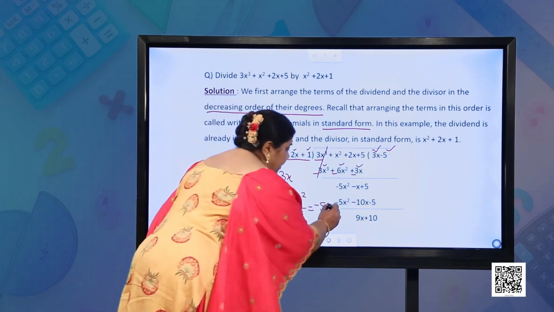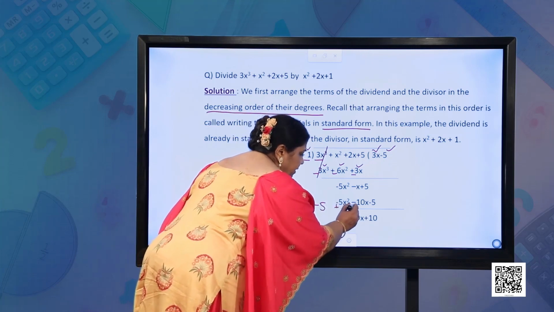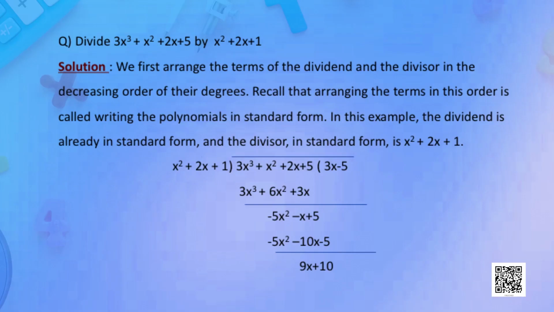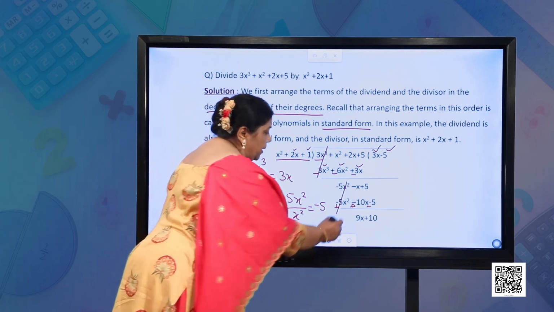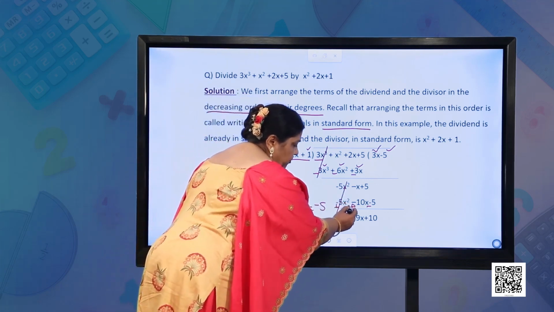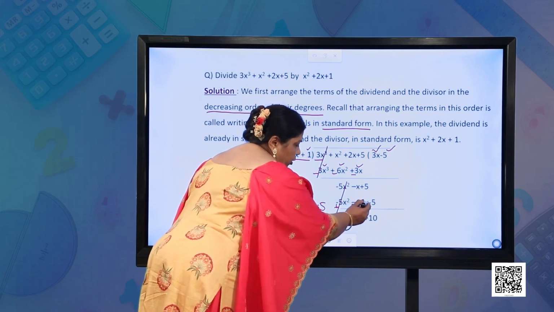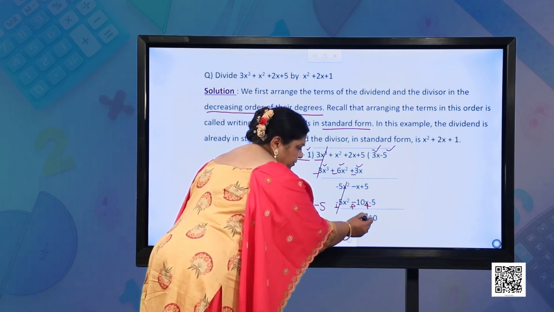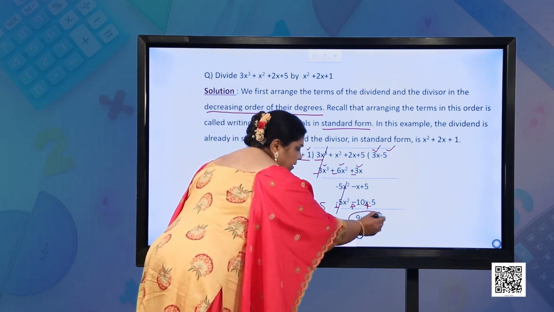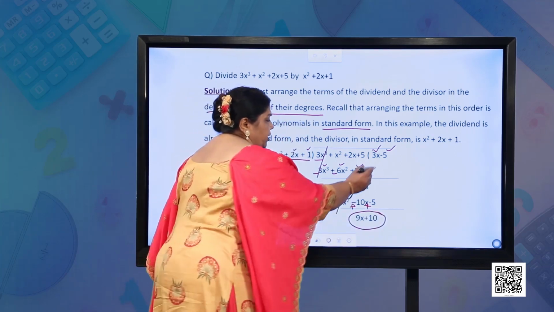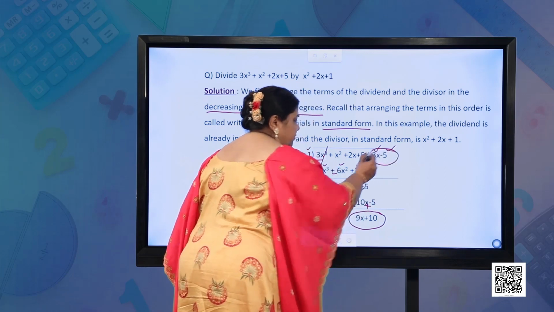On changing the signs, if I subtract, obviously signs will change. What do we have here? Minus 5x square and plus 5x square gets cancelled and minus x plus 10x will give me 9x and what is 5 plus 5? It is 10. So, what is the remainder? 9x plus 10 and what is the quotient? It is 3x minus 5.